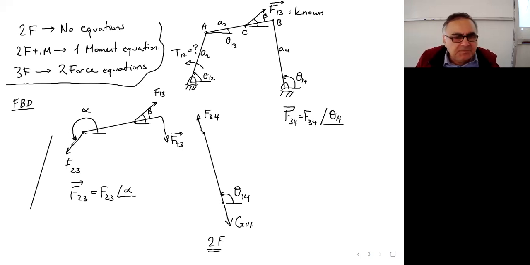Anyway, so if this is F23, then on link 1, you have link 2, I'm sorry. This is link 3, this is link 4, this is link 2. You have F32. Well, you also have T12.